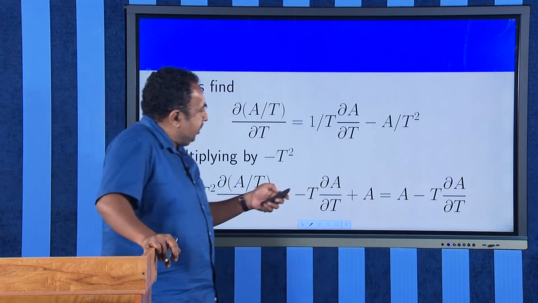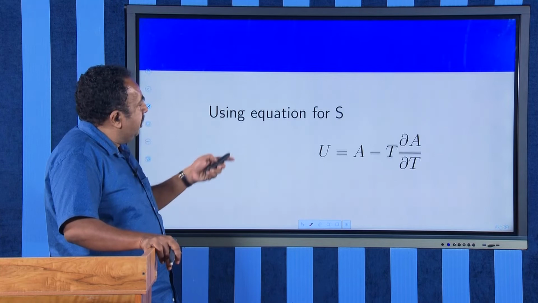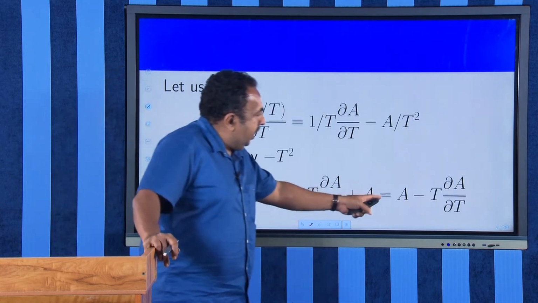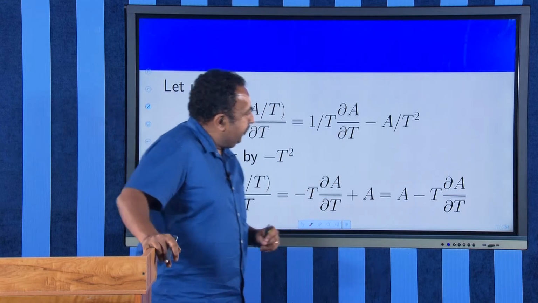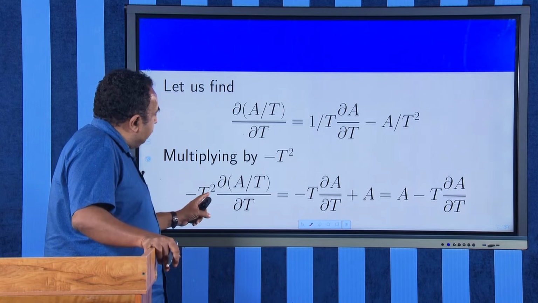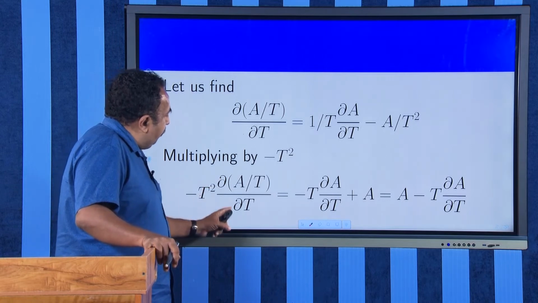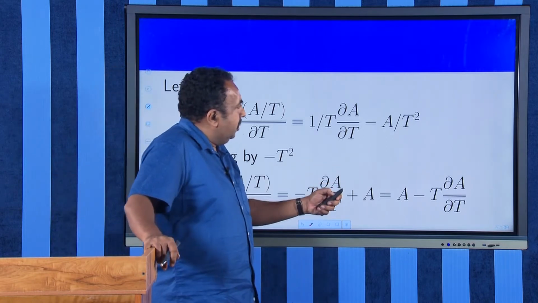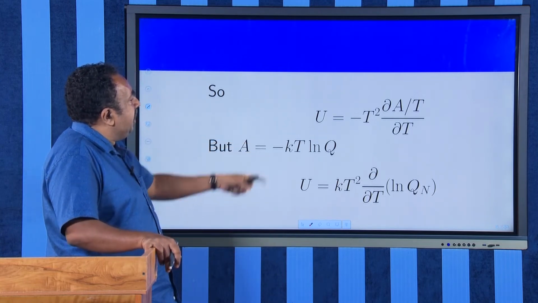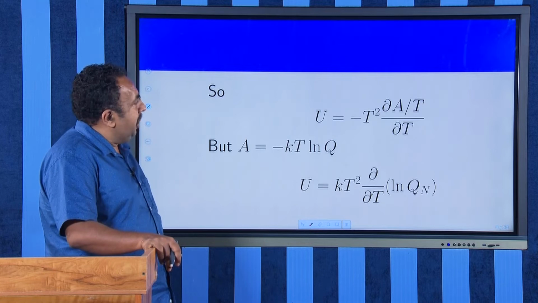and this is nothing but your earlier equation for U. Therefore, what you got is A minus T dou A by dou T, and A minus T dou A by dou T is U. Therefore, minus T square dou by dou T of A by T is U. But A is equal to minus K T log Q n.